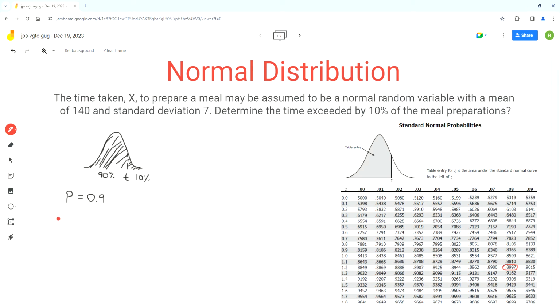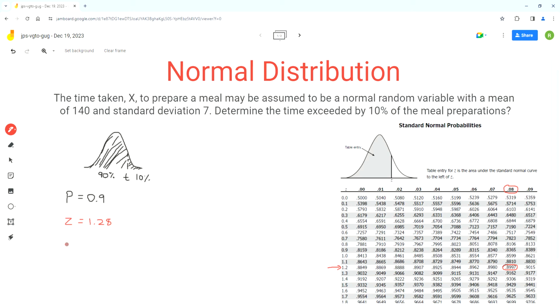So the z-score associated with this area under the curve is 1.28, because this value is in the row 1.2 and column 0.08. So that's the z-score value we'll use to find the time that's exceeded by 10% of the meal preparations.